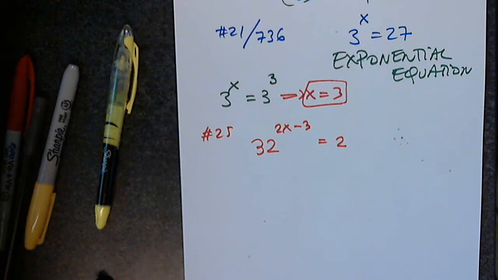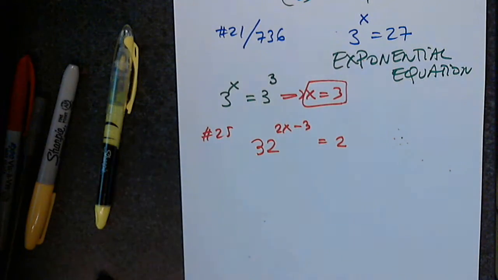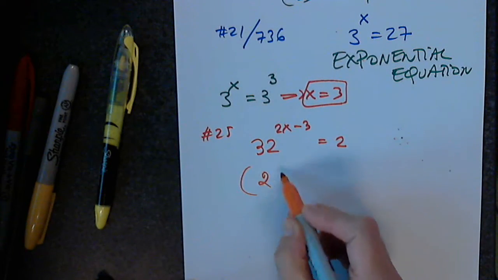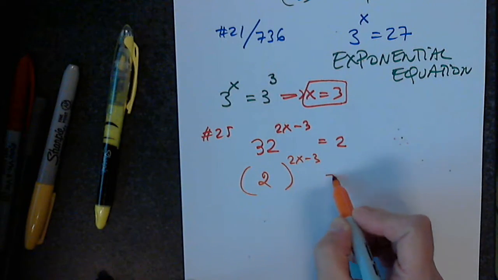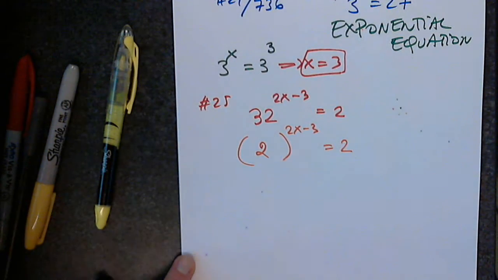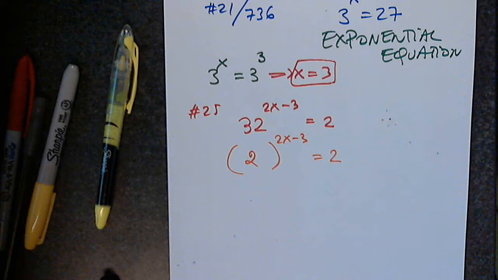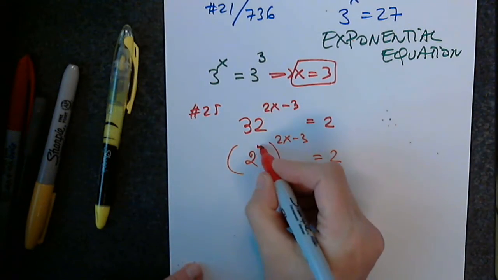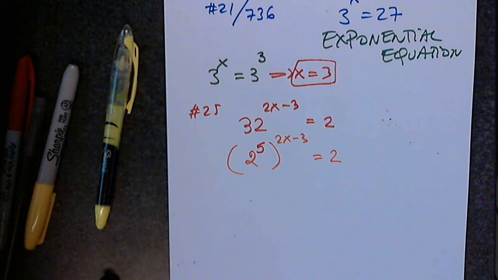I see the right-hand side has base 2. I'm really hoping that the left-hand side can be presented with base 2 as well. If it can't, the problems can still be solved, but not in this class. You have to wait till the next one. 2 to the 5th. So we replaced 32 by 2 to the 5th.